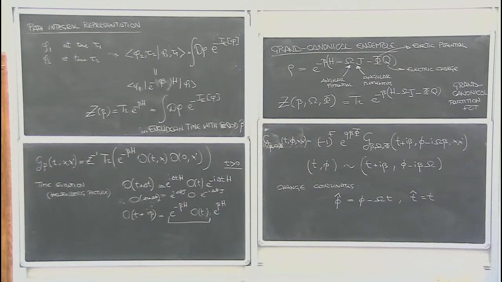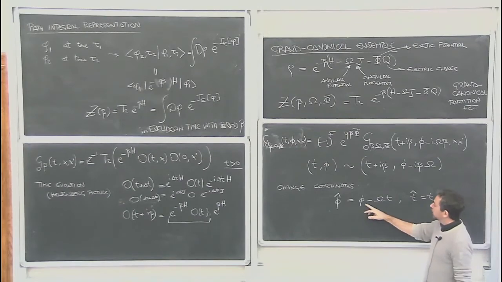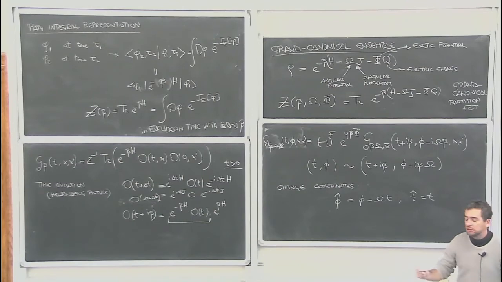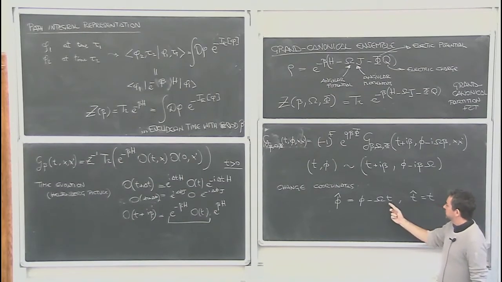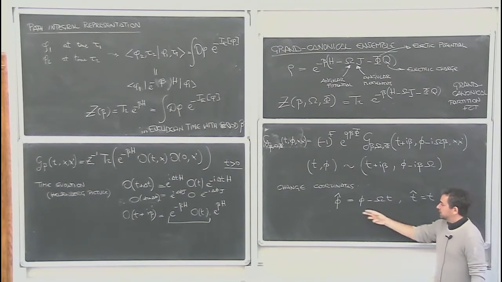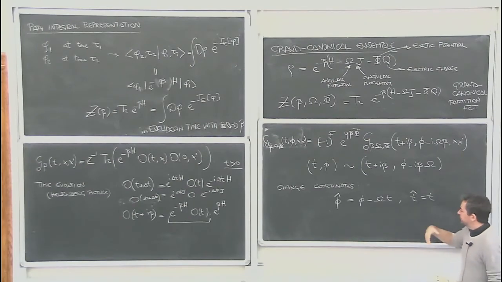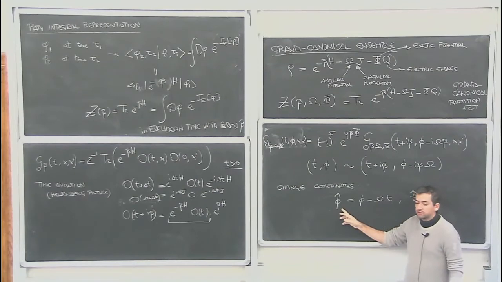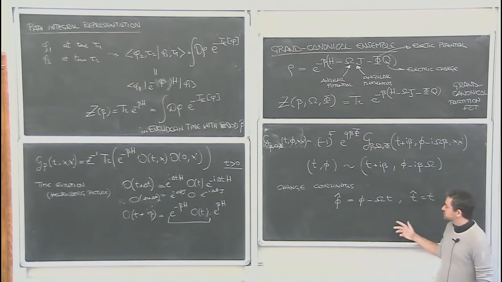Phi is an angular coordinate, right? A priori I could say phi is already identified up to 2 pi, and now I shifted by t. What happens to phi hat? In this case you can see that the periodicity of phi hat doesn't change.